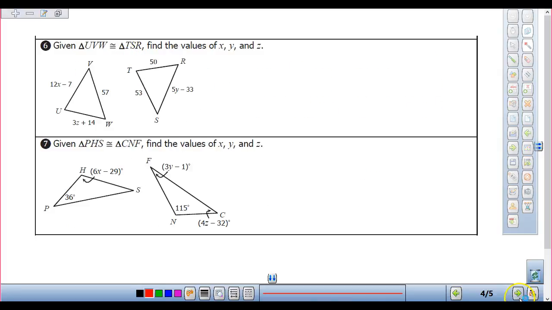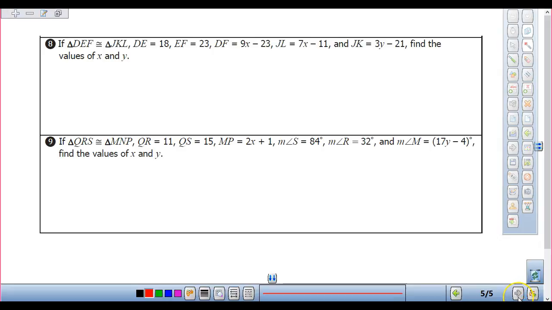Let's take one peek down here, number 9. They don't give us a picture. What should we do? Draw a picture. We have Q, R, S, and we have M, make sure they go together. Q's here, you want M here, and P. It doesn't matter how you draw it, but I would always suggest drawing it.